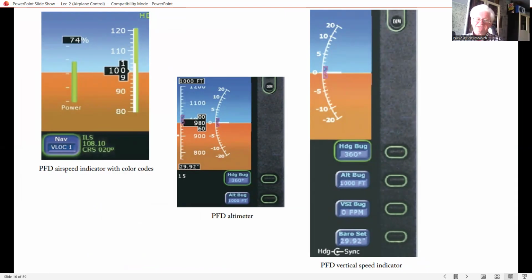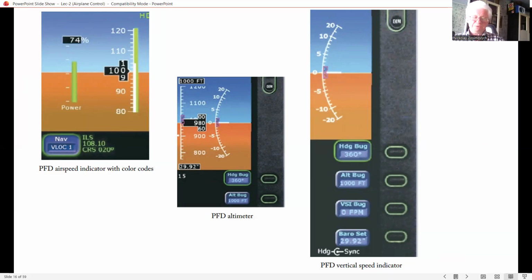The airplane's attitude is also displayed prominently on the PFD, with an illustration of the horizon crossing the entire screen. The round airspeed indicator is located on the upper left of the six-pack. The airspeed indicator is also on the left of the PFD, shown in the middle figure.